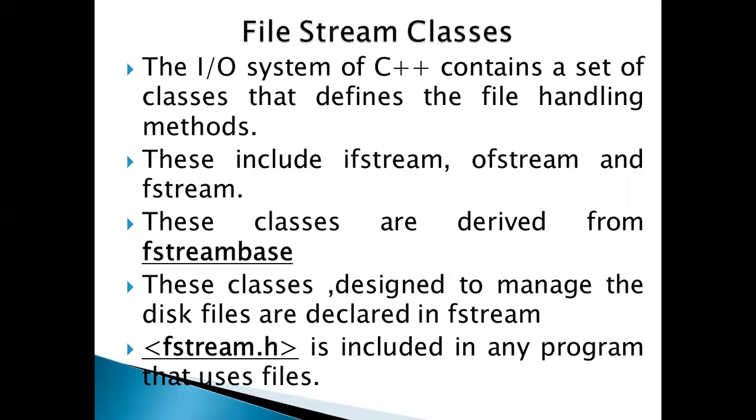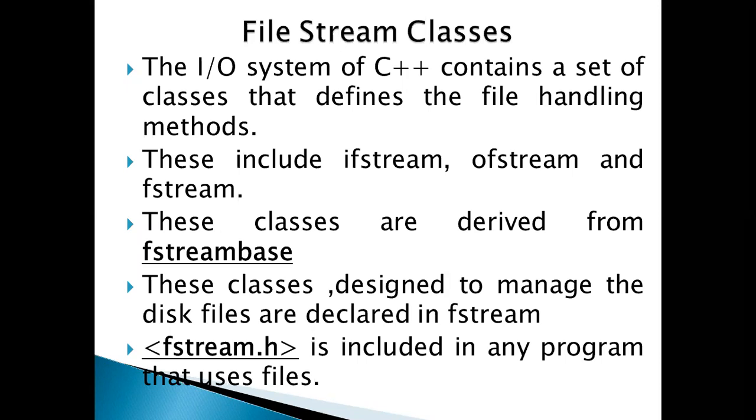If you need to perform input and output simultaneously, then the class that you would use is fstream. And all these three classes are derived from the fstreambase class. These classes are designed to manage the disk files, and they are declared in fstream. So whenever you're using file handling in C++, you need to include this file fstream.h in your program.